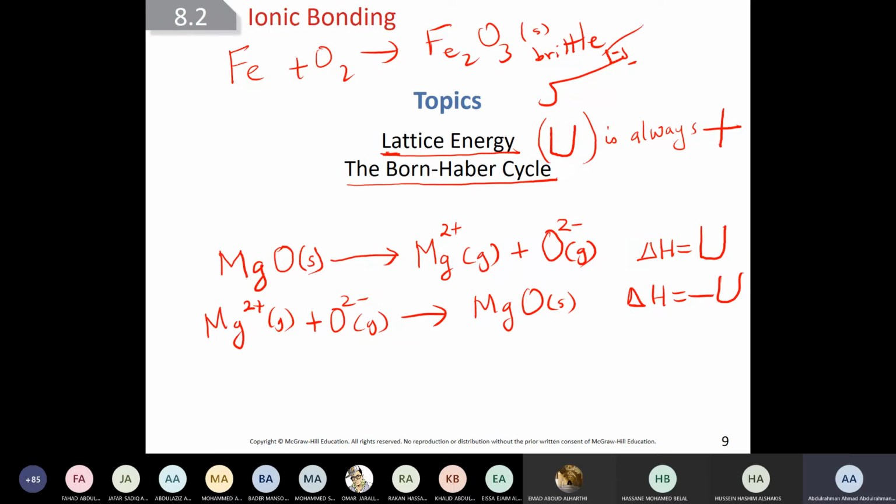Now, we're done with this. But I want you, again, to understand the lattice energy very well. What's the meaning of lattice energy? The energy you need to break a solid compound into gaseous ions. Good.